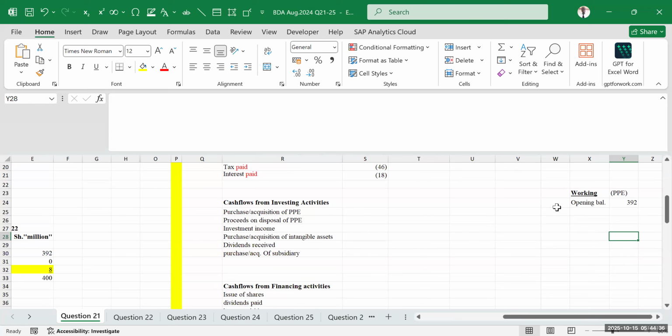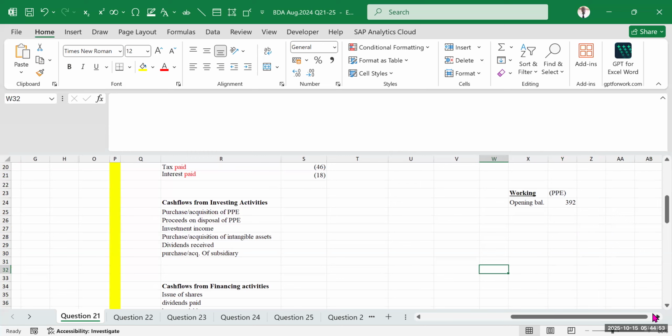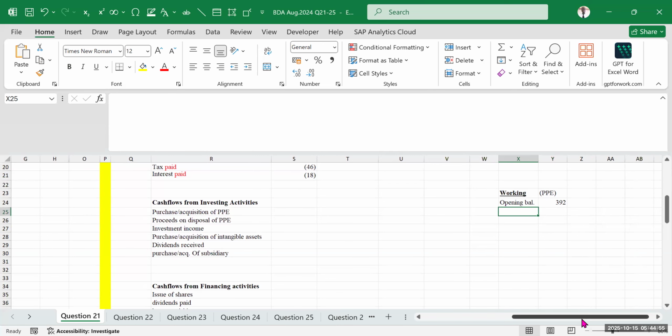Is there anything that I'm leaving out? I've talked about revaluation, depreciation, disposal, and additions or purchases. I don't think there is something I'm leaving out, but if there is, members, you can always point it out so that we make sure we cover everything to completion. So after the opening balance, I want us to check these elements.